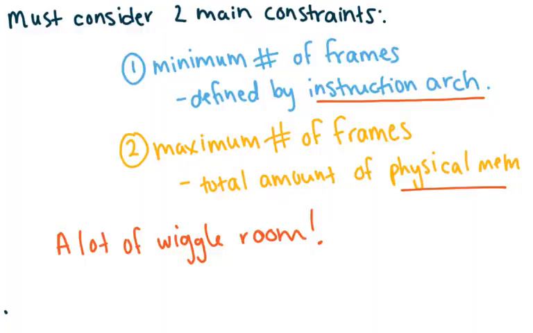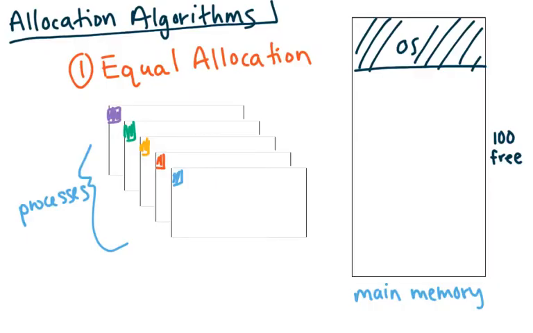such that we can optimize our experience. Okay, so the first algorithm for allocation is equal allocation. Each one of these processes has some amount of pages maybe, but that's not really the point here. The point here is that I have 100 free frames, and I'm going to equally divide these frames among the processes.